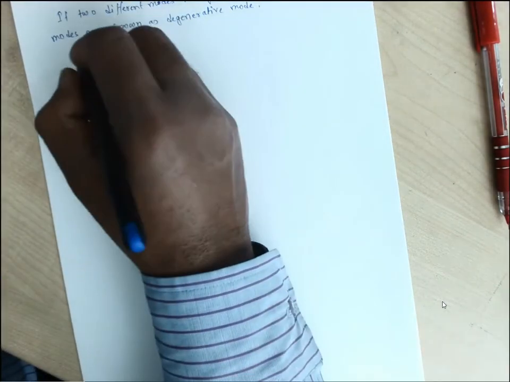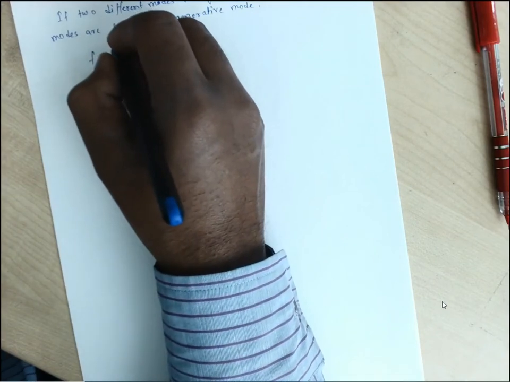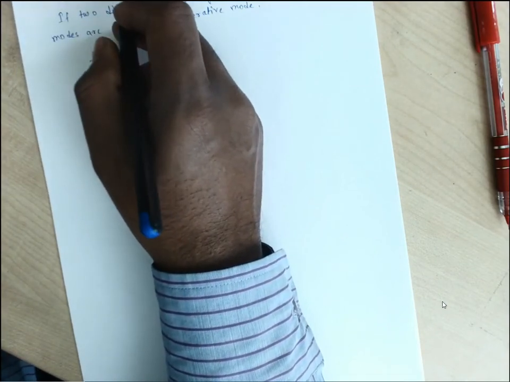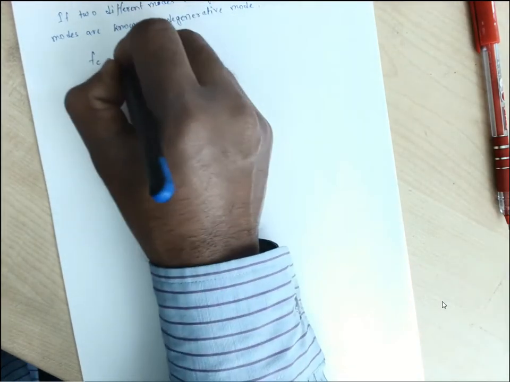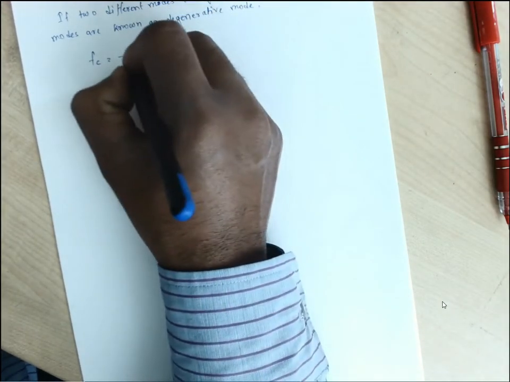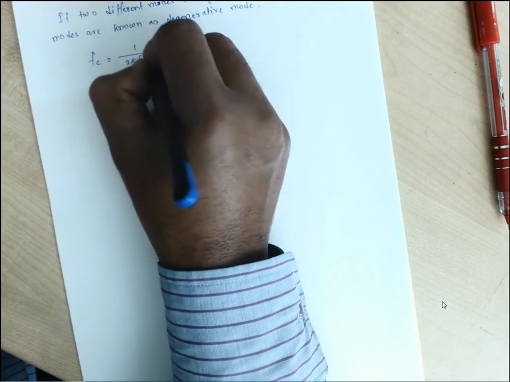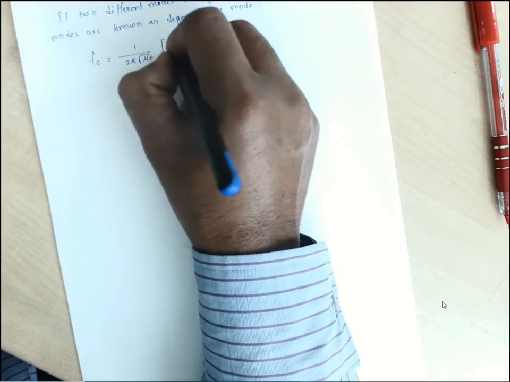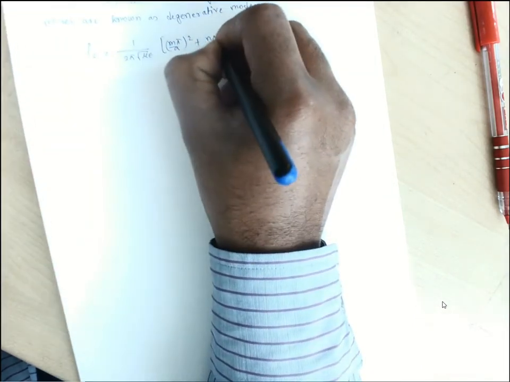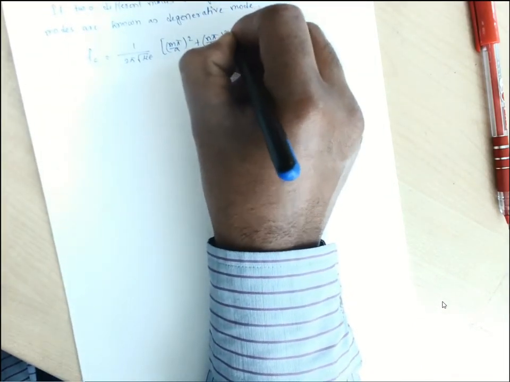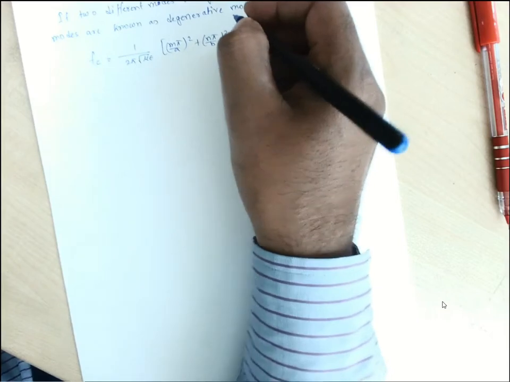Cutoff frequency fc, if we are dealing with any dielectric medium, we can write as 1 by 2 pi root over mu epsilon into (m pi by a) whole square plus (n pi by b) whole square, whole to the power half.